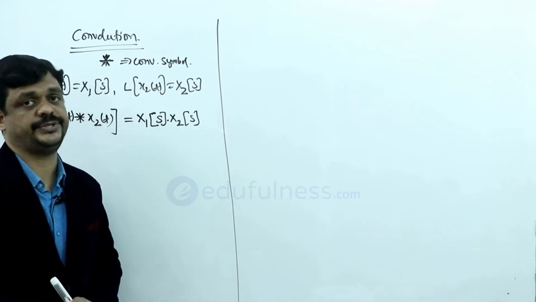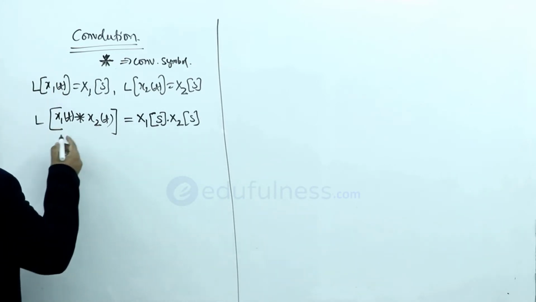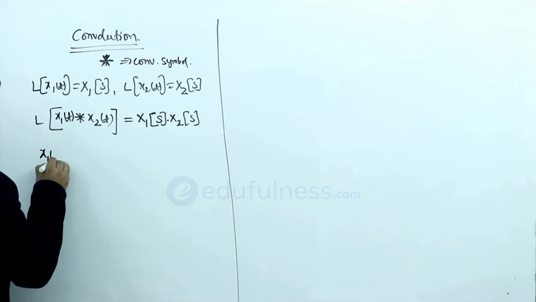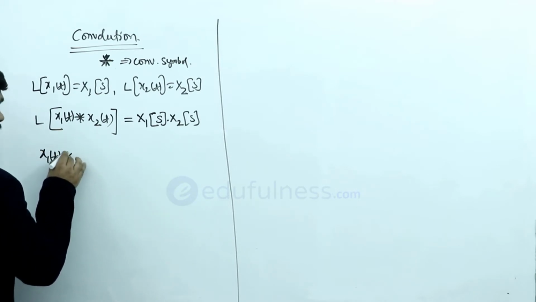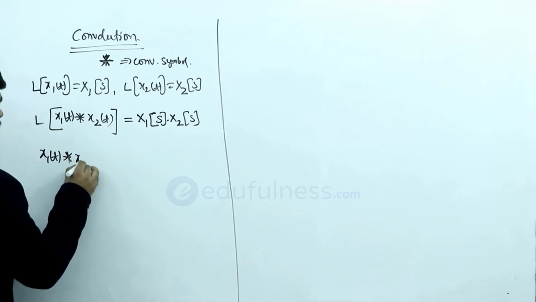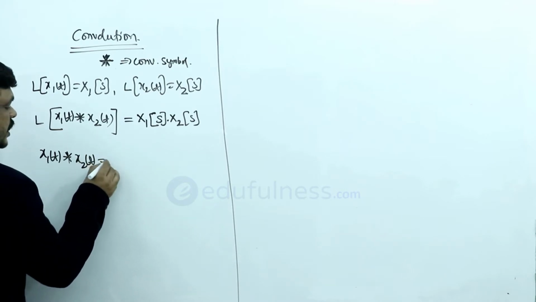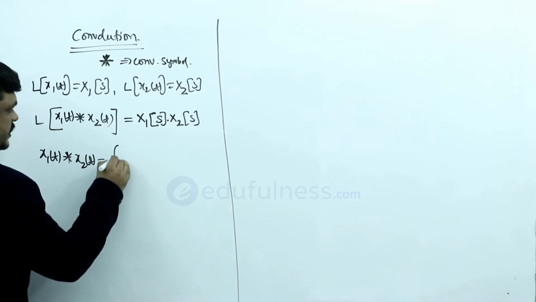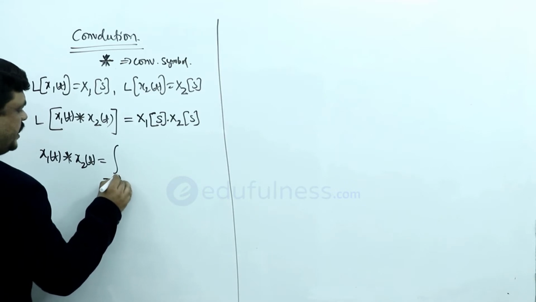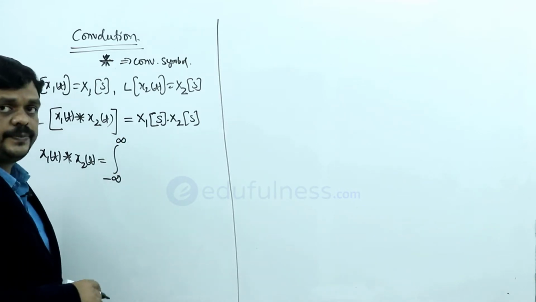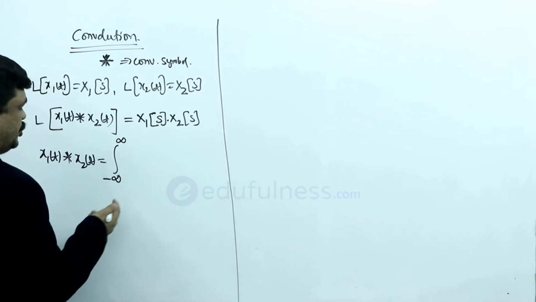Now, we have to prove this. To prove this, I want to take the standard functional representation of the convolution operation: x1 of t and x2 of t. Convolution of these two functions becomes like this. The integration is from minus infinity to plus infinity, or on one side we can write 0 to infinity.